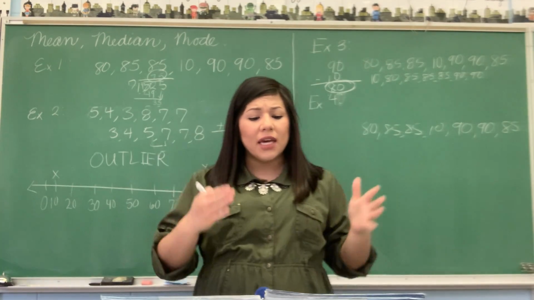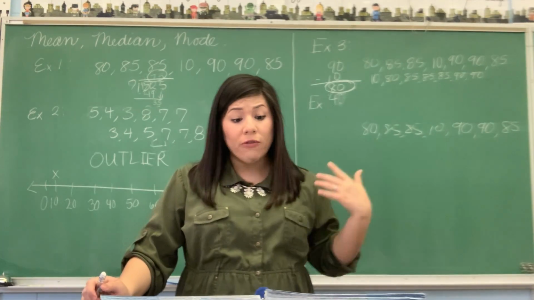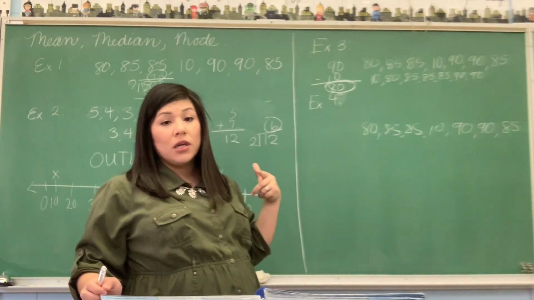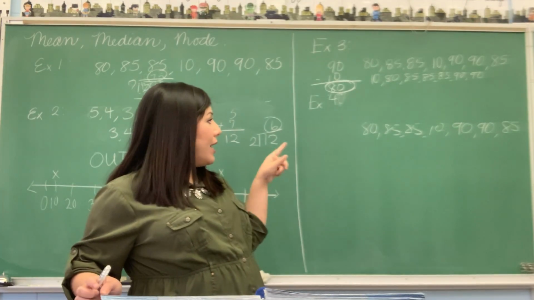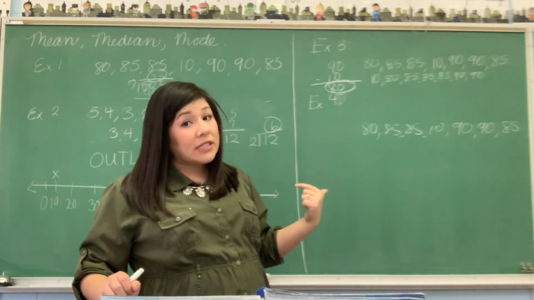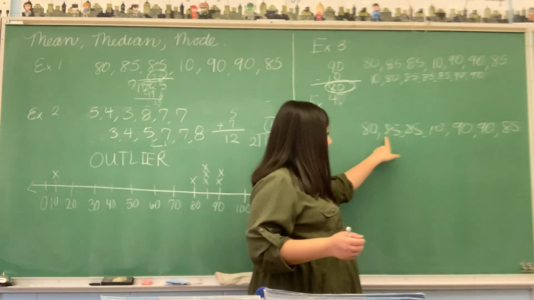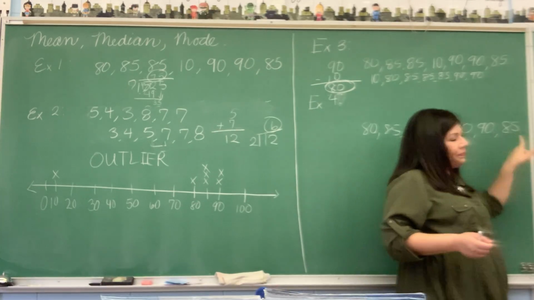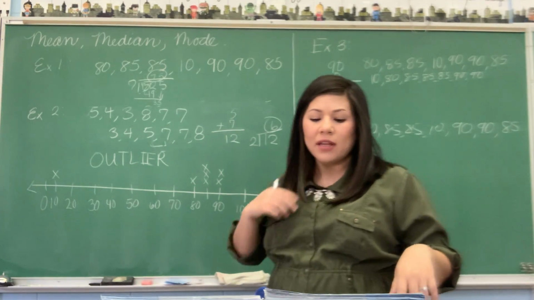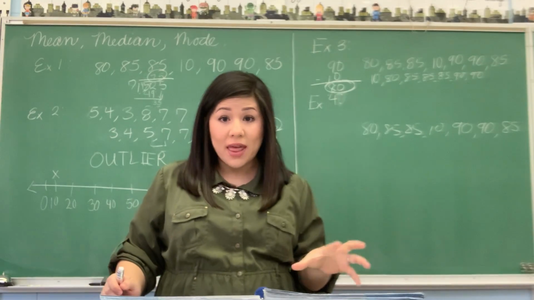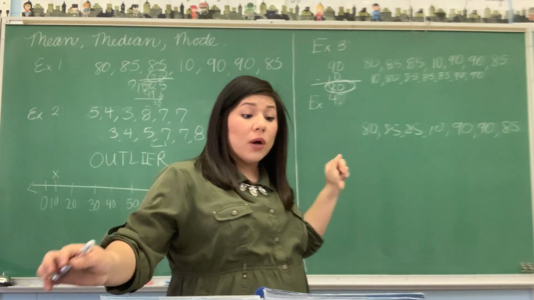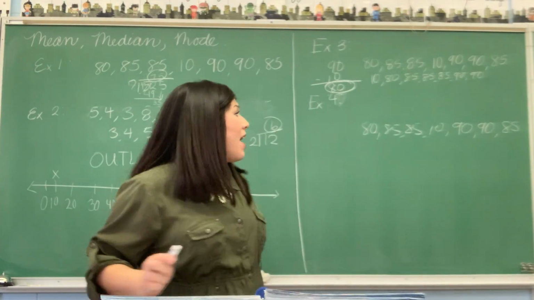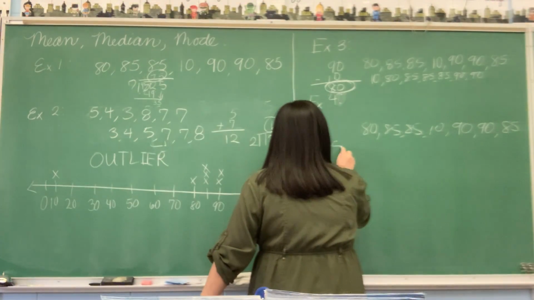What number do you see that is occurring most frequently? Look at the number 85. Here's 85, 85, and 85. That is the mode for this example 4. So the number 85 would be the mode.